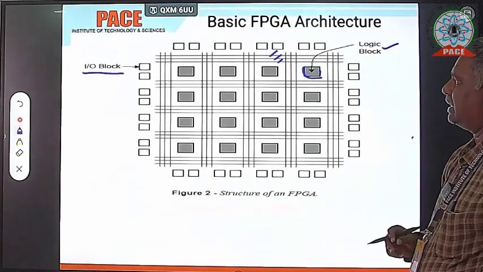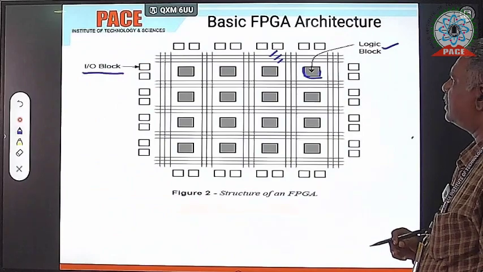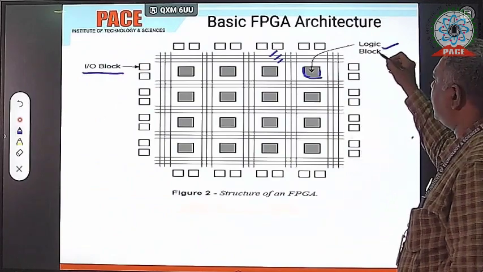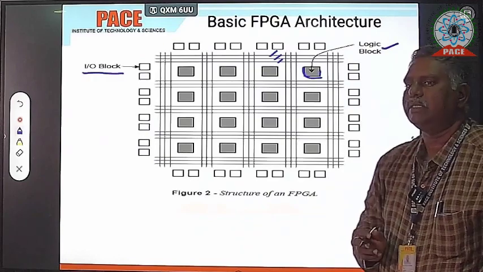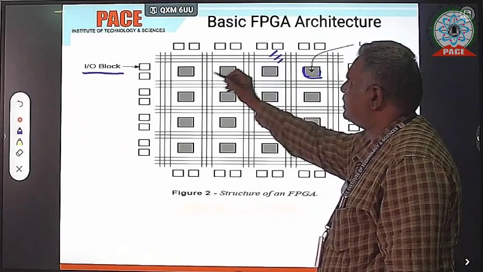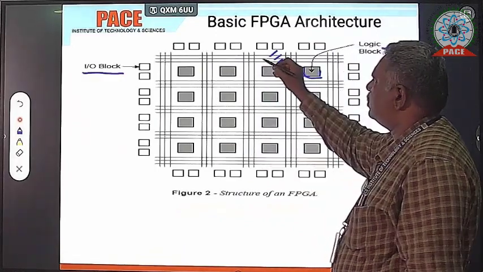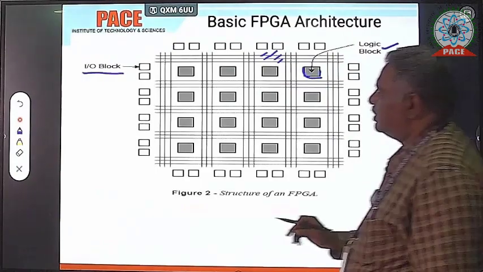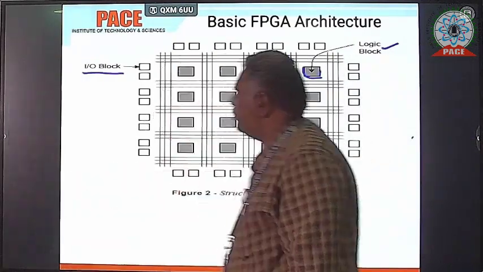There should be communication between the logical blocks, so to interconnect the logical blocks, we use these wires. This is a simple and basic architecture of the FPGA.